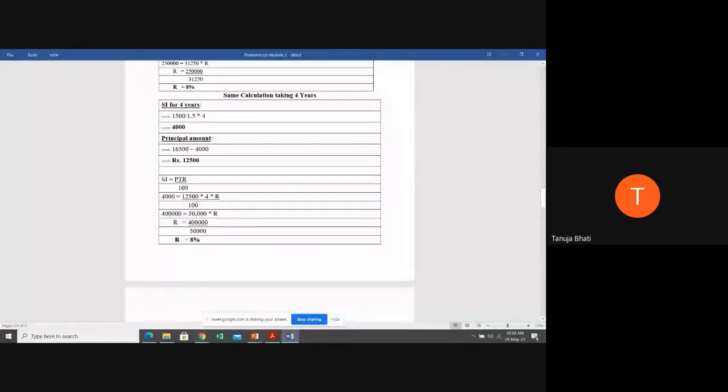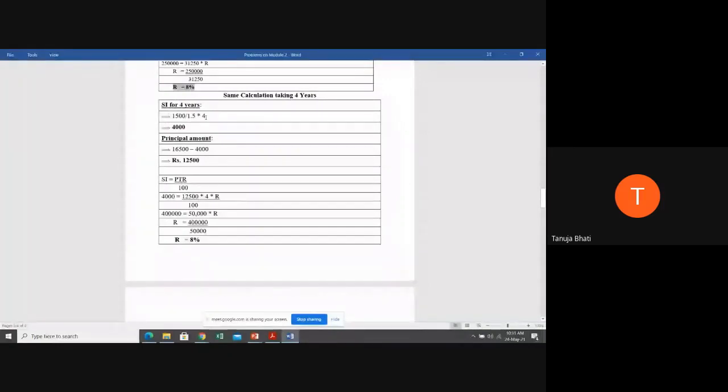So we got the rate of interest as 8%, which is the same as the rate of interest we had got in our earlier calculation. So whether you take 4 years or 2.5 years in your calculation, you get the same rate of interest. So I've shown you this same working by taking 4 years.